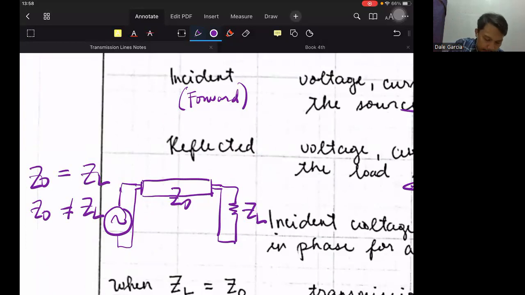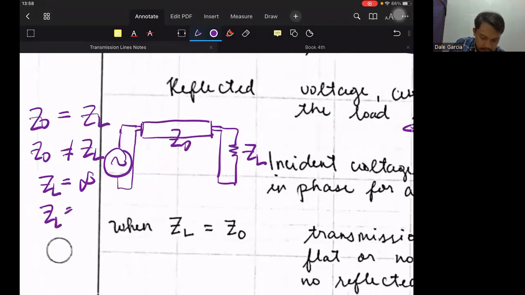So when we say not equal, it can be many cases. Not only is it not equal, but because ZO is a constant value, it's possible that ZL is equal to infinity or ZL is equal to 0.